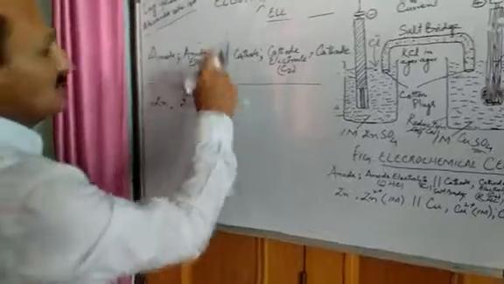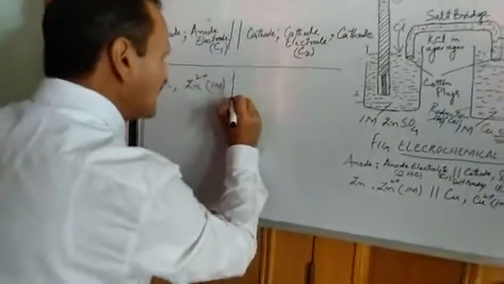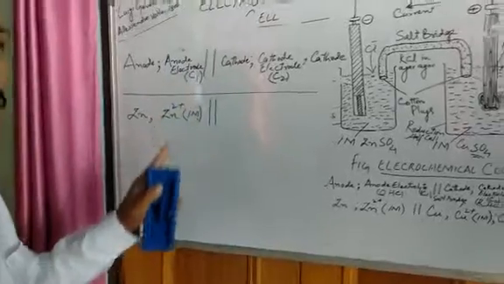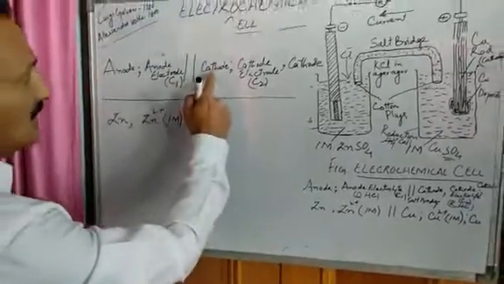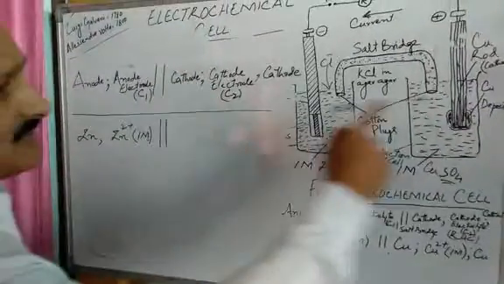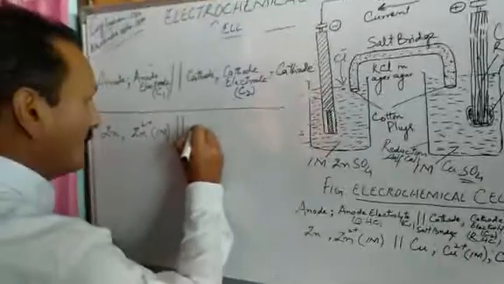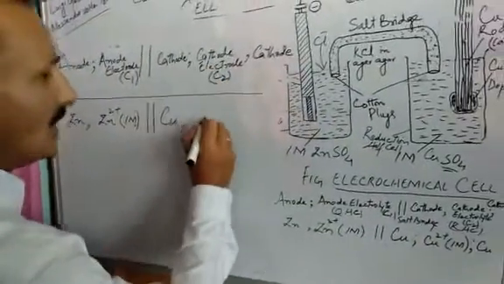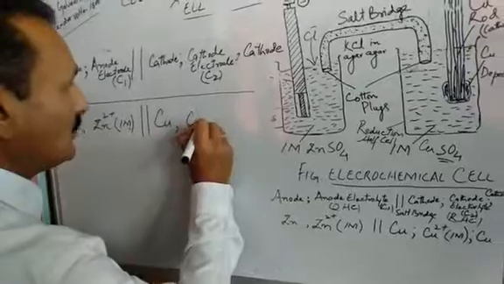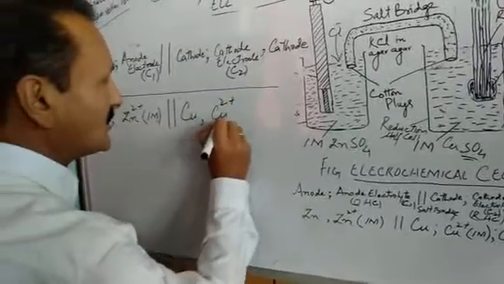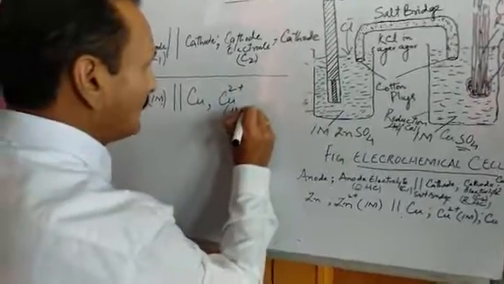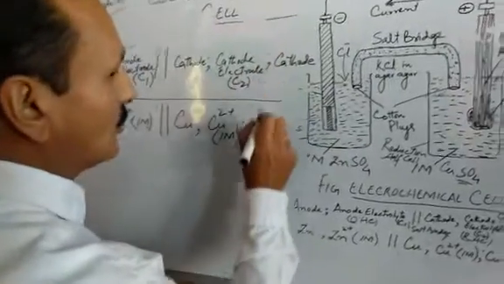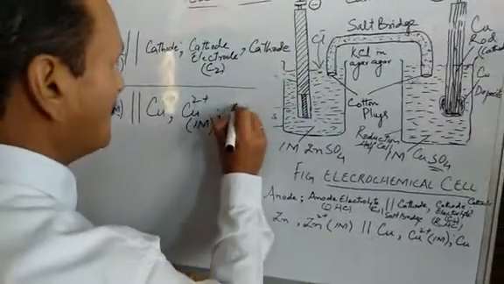Salt bridge. Salt bridge is simply represented by drawing two parallel lines from top to bottom. Then I shall have to write cathode. What was the cathode? Cathode was copper. Semicolon. Cathode electrolyte was Cu2 positive and its concentration was 1M. Then semicolon, and finally the cathode, which in this case is copper.